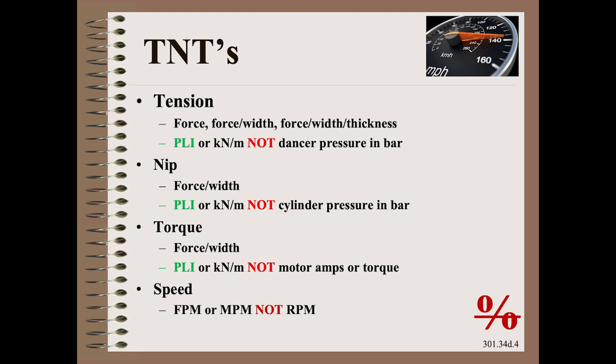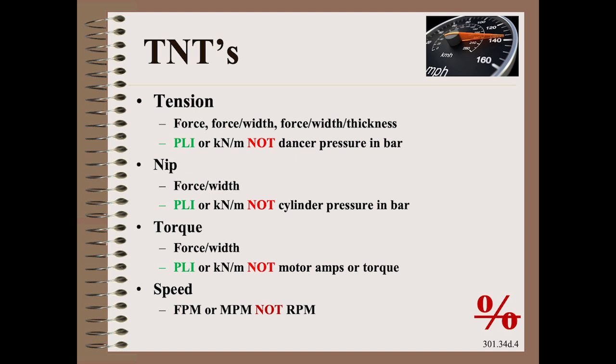The four fundamental web handling controls are tension, nip, torque, and speed. The proper units for tension in the English system is PLI, not dancer cylinder pressure. The proper units for nip is PLI, not nip cylinder pressure.